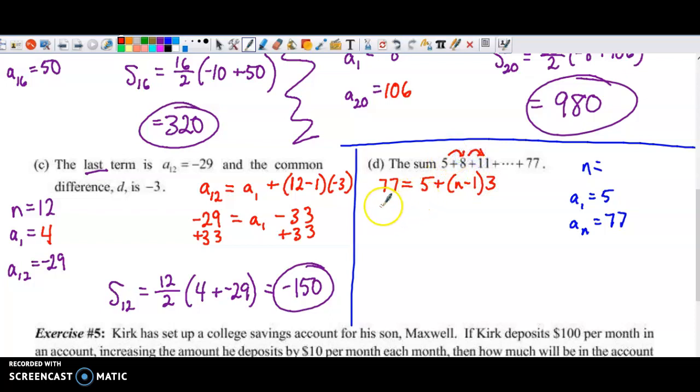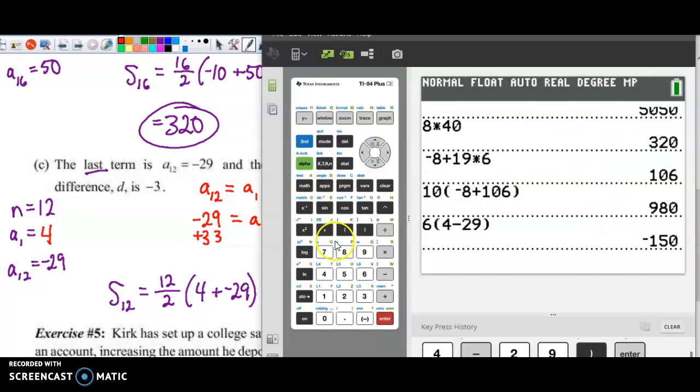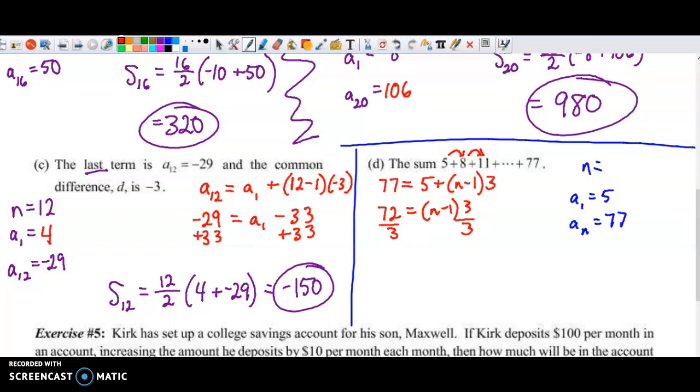So from here you can subtract the 5 over, and then you can divide by 3. Drawing a blank on what 72 divided by 3 is. There we go, 24. And then add 1 over, and n must be 25. And now we can go to our formula.